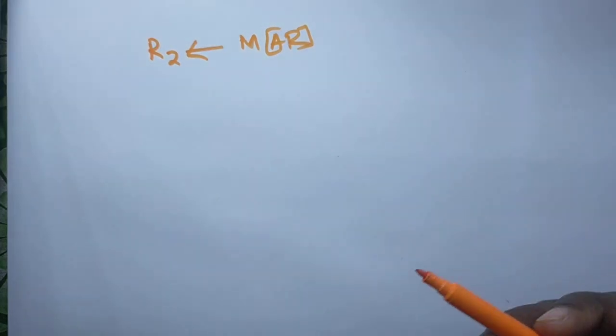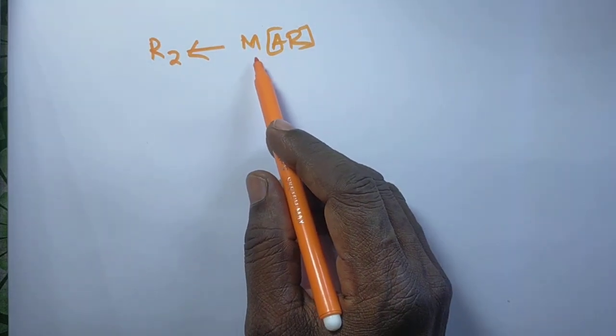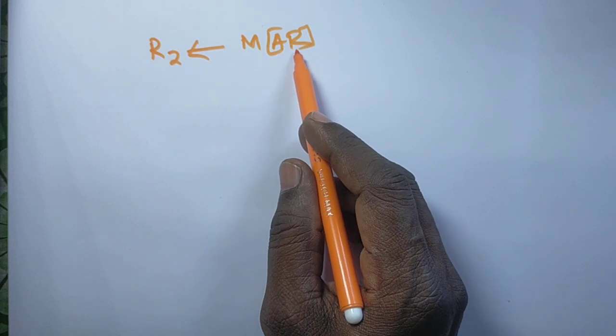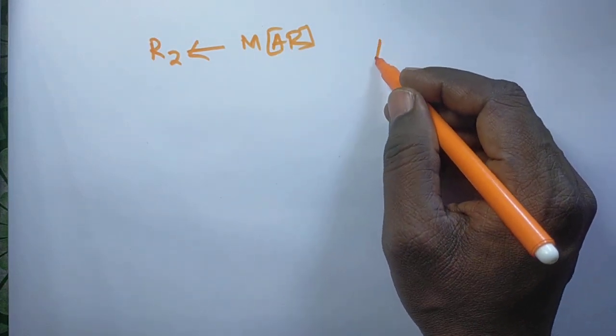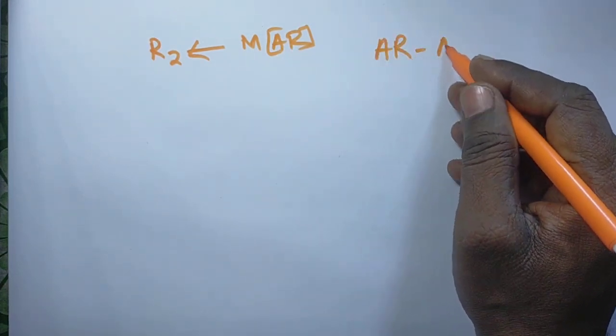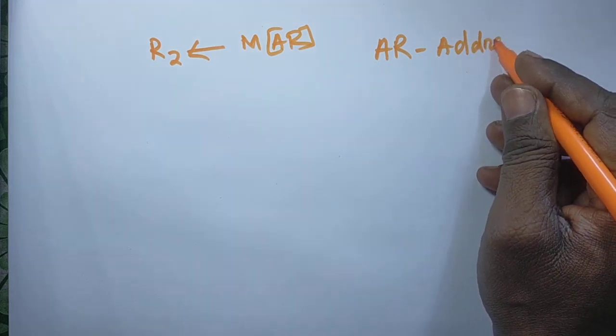Okay, memory AR means what? That means the content of data from memory which is specified by the address register. AR means what? All of you know that AR means address register.